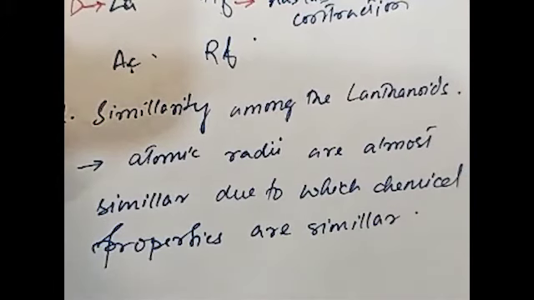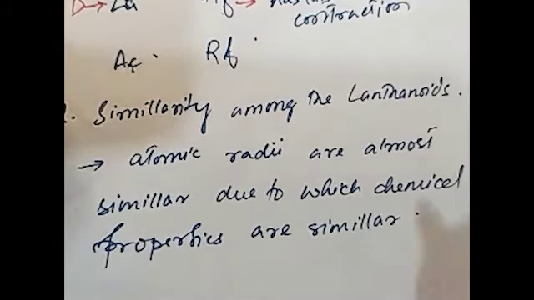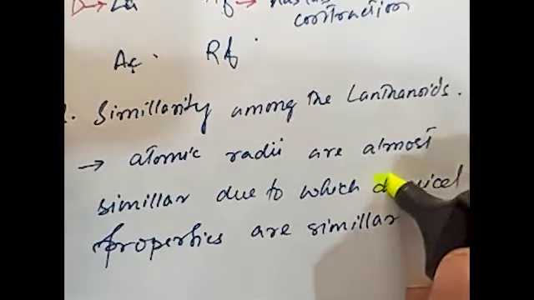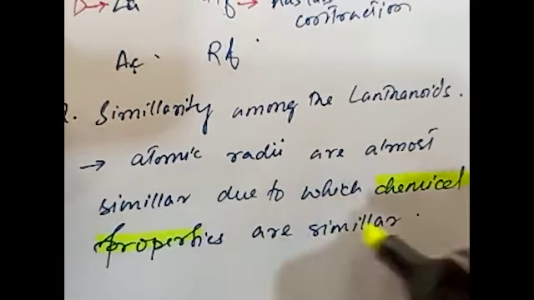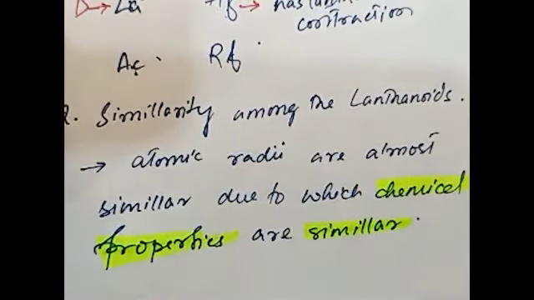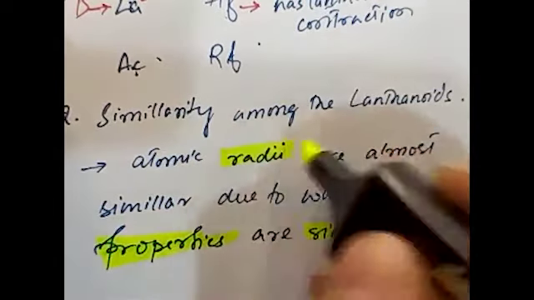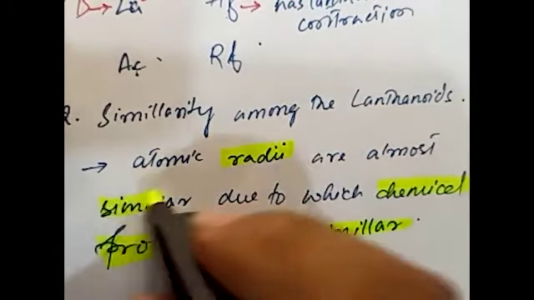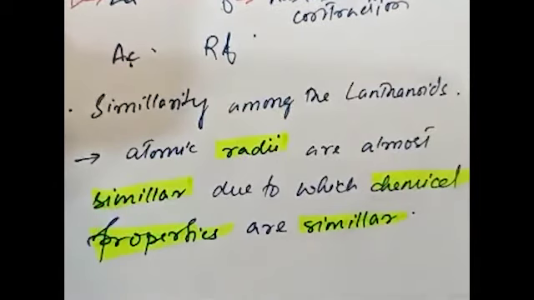They depend upon the size of the atom. We have already seen how electronegativity, ionization energy, all these things are dependent on the size of the atom, correct? Similarly, we can see that chemical properties are similar. Why? Because of the radii. Atomic radii are almost similar. Radii similar, chemical properties similar. Simple.